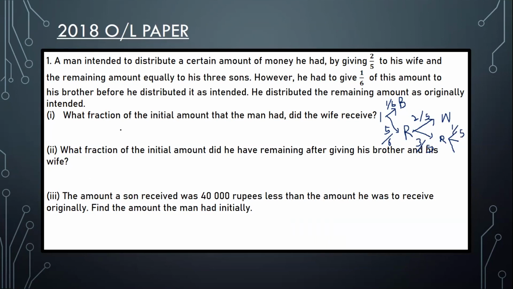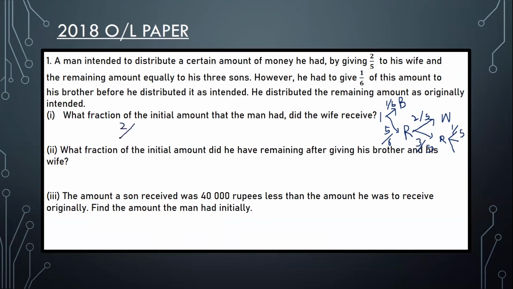The first question, what fraction of the initial amount that the man had did the wife receive? So how much? 2/5 of 5/6. The wife received 2/5 of 5/6. So you can directly do it like that.